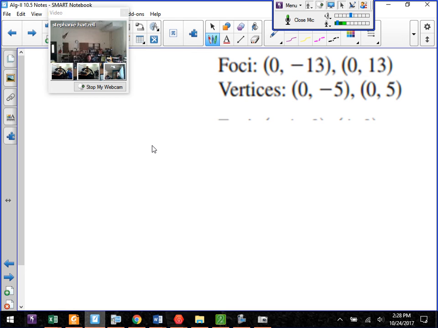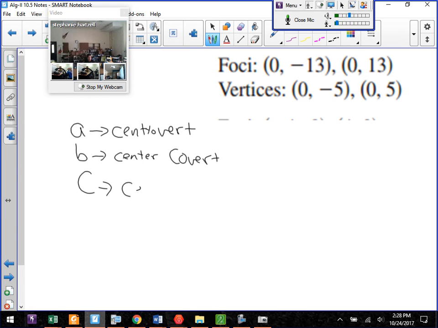Foci, vertices. If we're talking in terms of A, B, and C values, remember, the value of A is from center to vertex. B, center to co-vertex. C is your center to the focus.